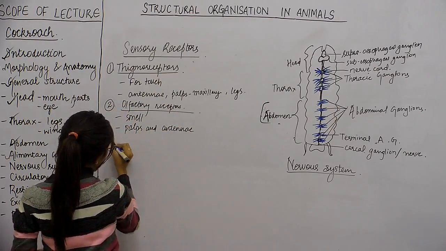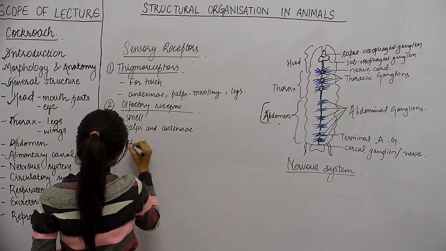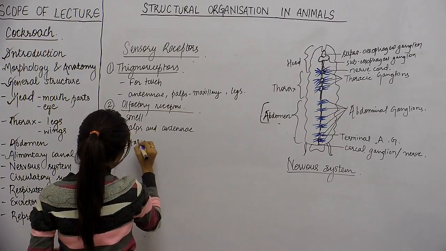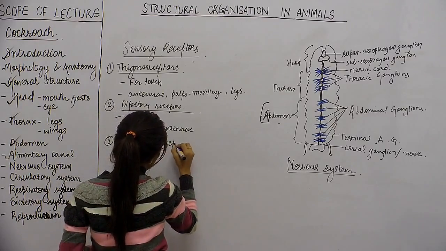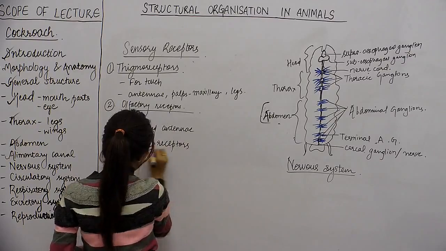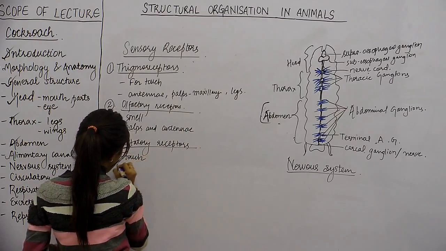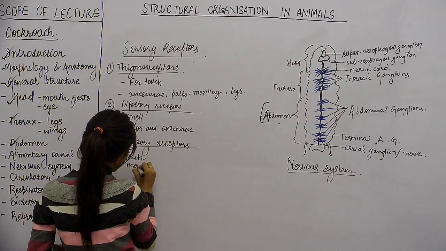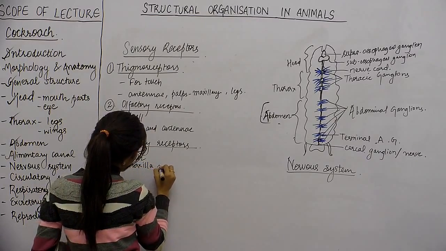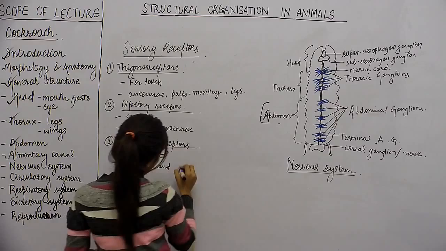Number 3 are the gustatory receptors. Gustatory receptors are for touch and they are present in maxilla and labial palps.